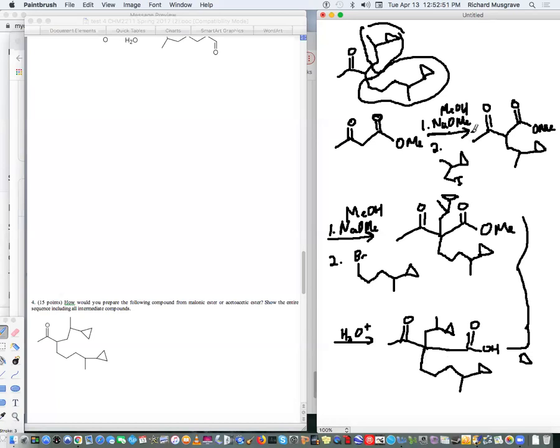I just don't want to redraw it, that's all. And we'll get CO2 as a product there as well.